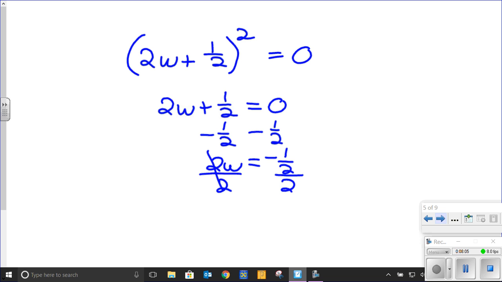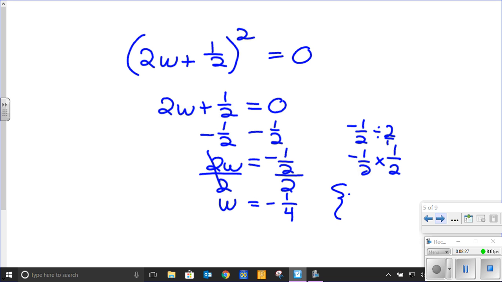And that means that w is equal to -half divided by 2, which means it's -half times 1 over 2, because it's 2 over 1 and we multiply by the reciprocal. So this is going to be -1 over 4. So my solution set for this one is just -1 over 4. And that's it for that.